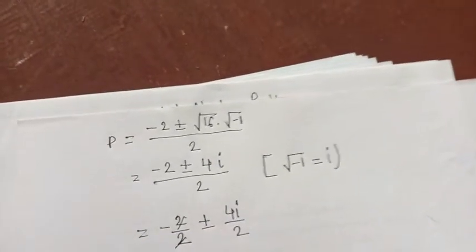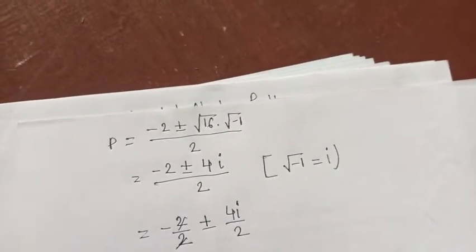Now we divide both sides by 2, and the expression becomes minus 1 plus minus 2i.